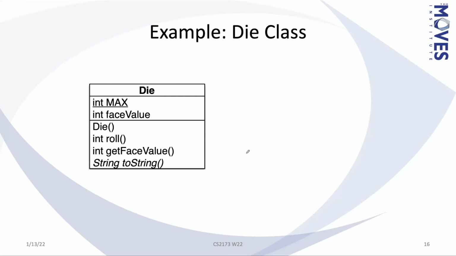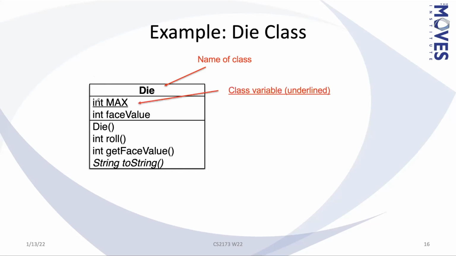Supposing we wanted to represent a 6-sided die. This would be the UML diagram, and it has a number of different parts. One is the name of the class, and that goes in the top.